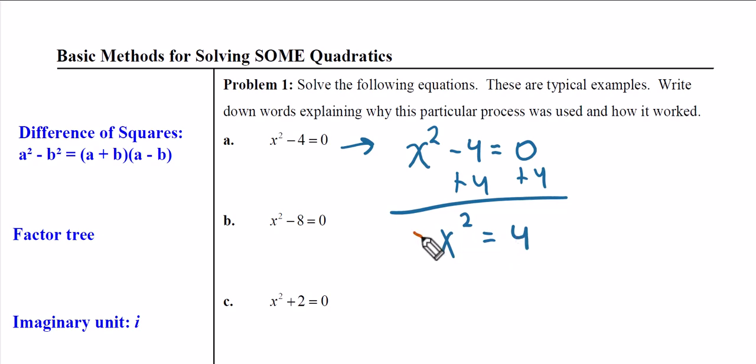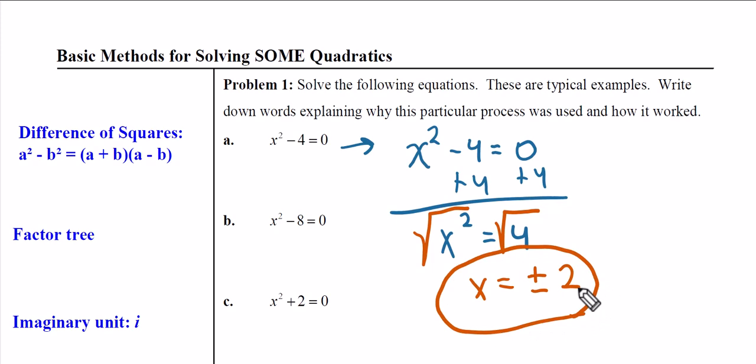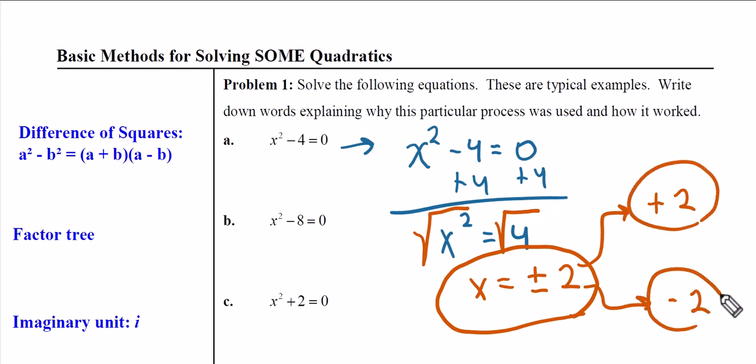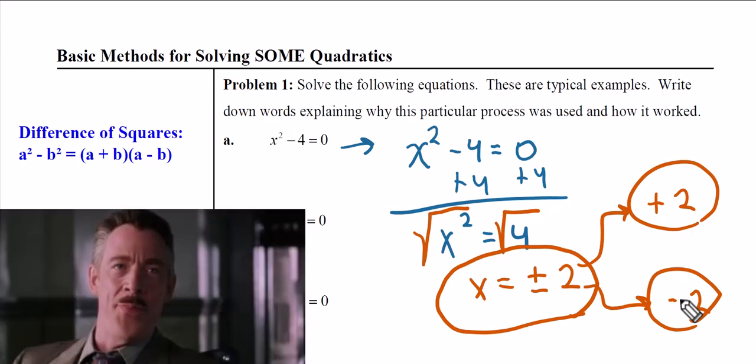So the way we would do this algebraically is I would square root both sides. And when I square root, I pick up a plus or a minus. And the square root of 4 is 2. So you might see some places that show the answer like this. But keep in mind that plus or minus 2, we say it as plus or minus 2, means it's a plus 2 or a minus 2. So either way, we got the same 2 answers as before. I'm not saying do it both ways. I'm just letting you know there's a couple of ways to do part A.